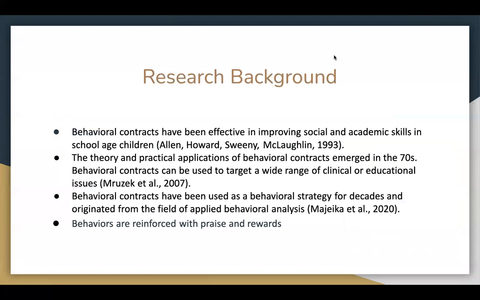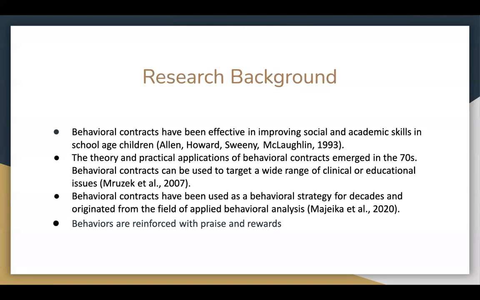A little bit of research background by Allen, Howard, Sweeney, and McLaughlin. Behavioral contracts have been effective in improving social and academic skills in school-aged children. By Ruzek et al., the theory and practical applications of behavioral contracts emerged in the 1970s.